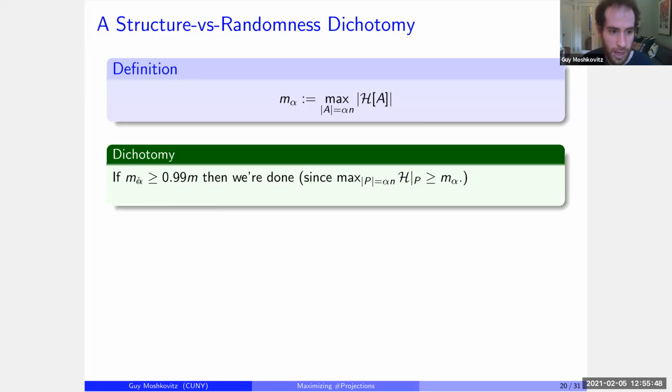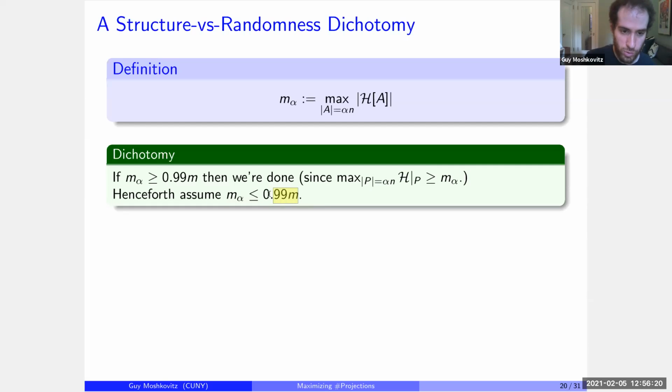Now, if m sub alpha is close to the total number of edges, by which I mean there are some alpha n vertices that induce already almost all of the edges, then we're done, right? Because then, just like we did before, we'll just project on these alpha n vertices and we'll get 0.99 m, which is definitely a fantastic bound, definitely better than n to the lambda, n to the 1 minus lambda.